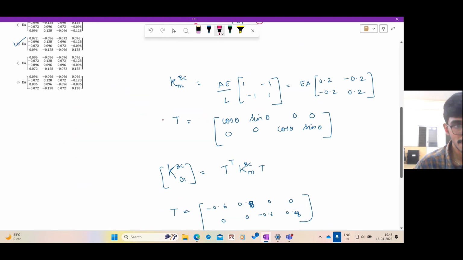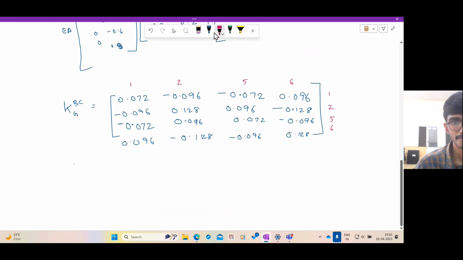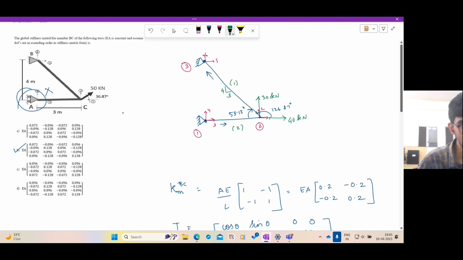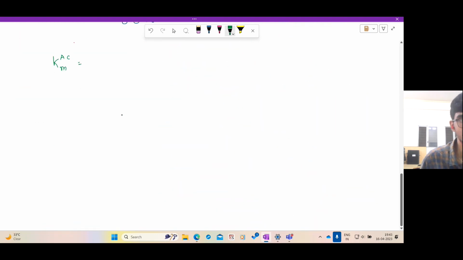Now let us look at the member AC. For the member AC, the length is how much? 3 meters. So it is AE by L times 1, minus 1, minus 1, 1.